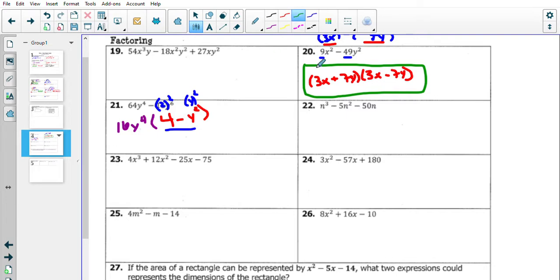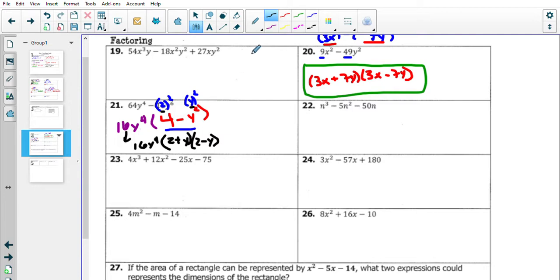So again, we have the same type of problem as we did up in number 20. The GCF is never going to move, so that 16y to the 4th is going to stay. But now I take the 2 and the y, and I have to do 2 plus y and 2 minus y.